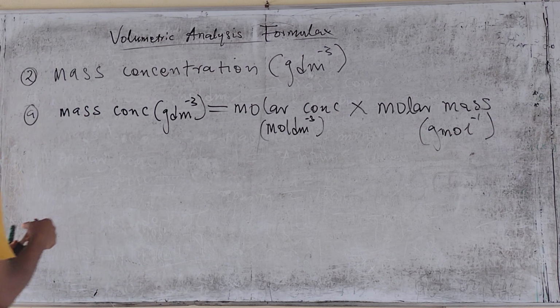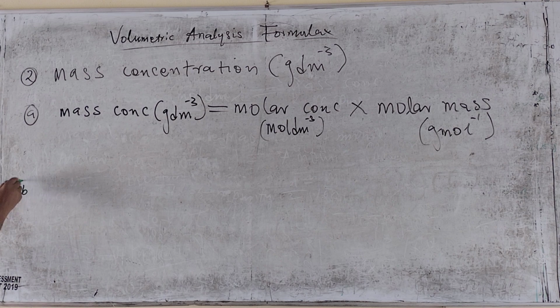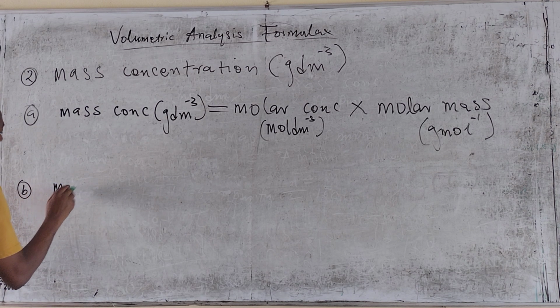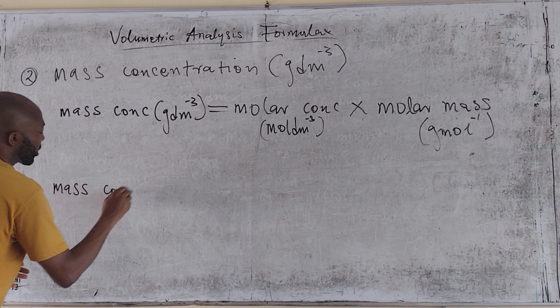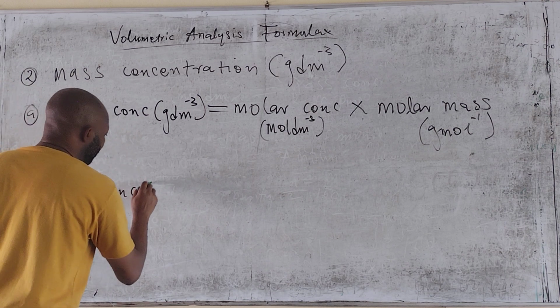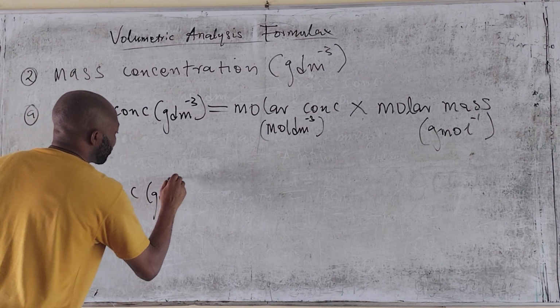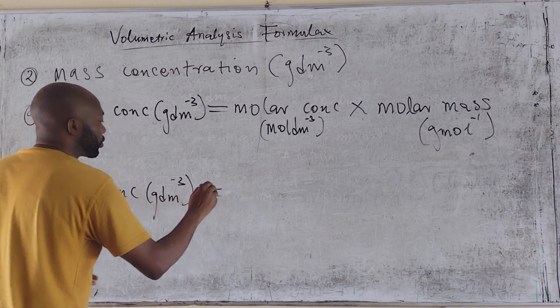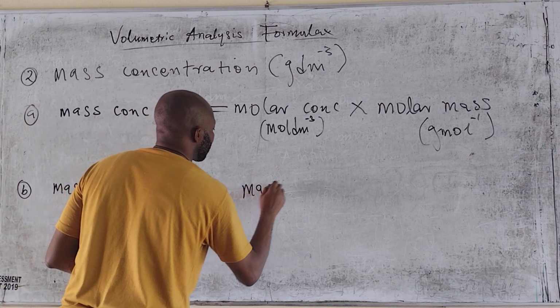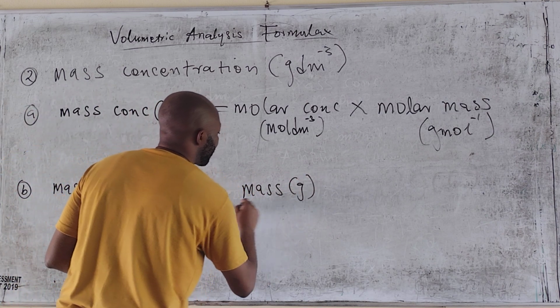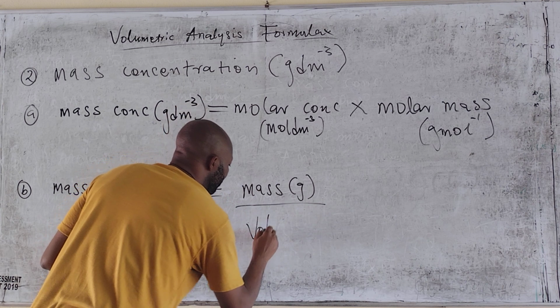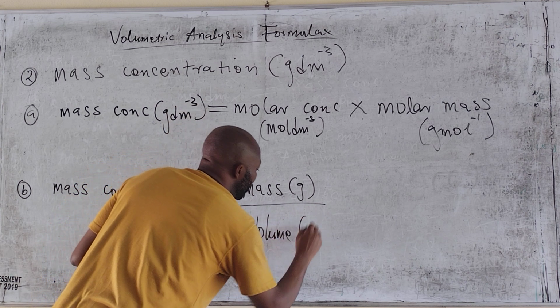So, let's take the next one on that. B, mass conc in g/dm cube is equal to mass in gram over volume in dm cube.